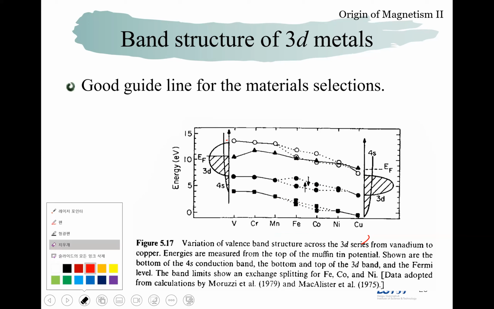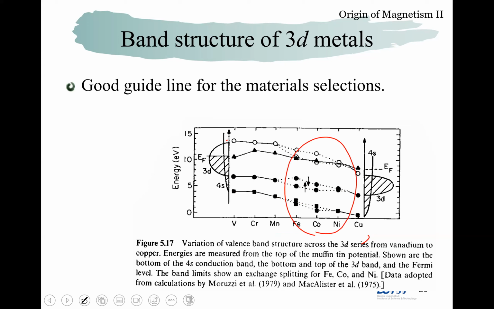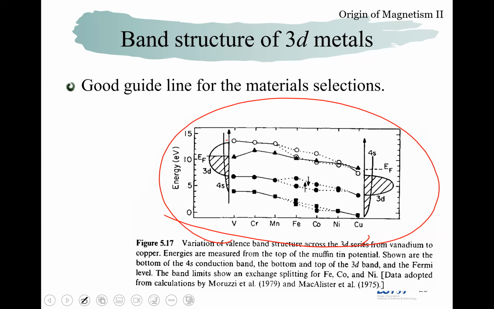And iron, cobalt, nickel are ferromagnetic materials, so there is some kind of exchange coupling, so a shift of the spin up and spin down states. This graph is very rough, but it tells us much information about the properties of the 3d metals. It's kind of a periodic table for the band structure in the 3d metals. So if you have an idea of alloying these two 3d metals, maybe you can imagine the band structure from this simple figure.